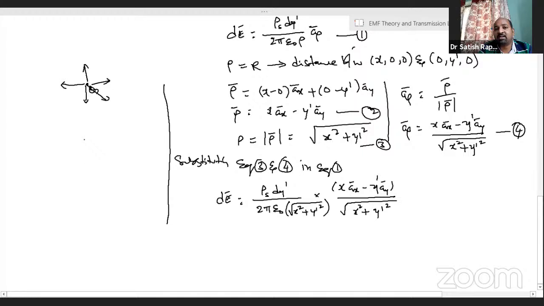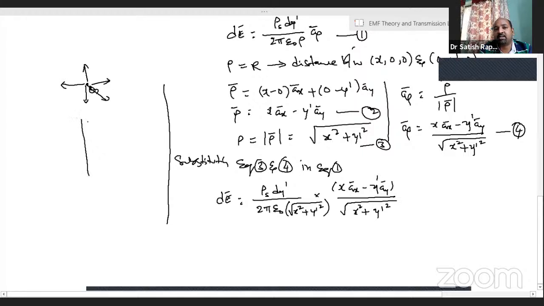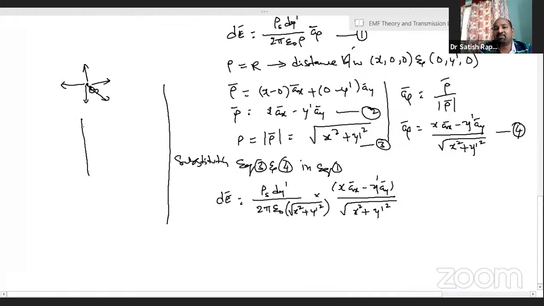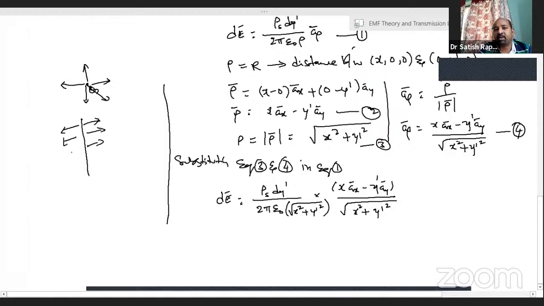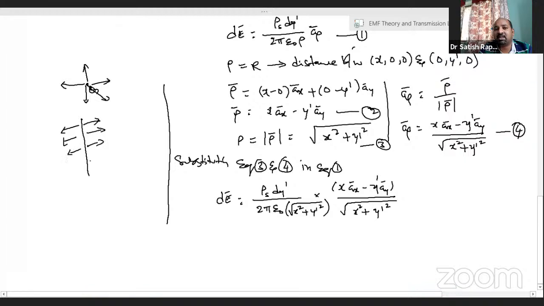Similarly, if you consider a line charge, what is the direction of the electric field? It is away, in the sense normal to the line. Everywhere it is normal to the line. So the electric field exists normal to the line charge.